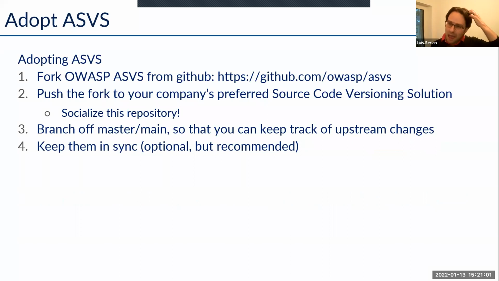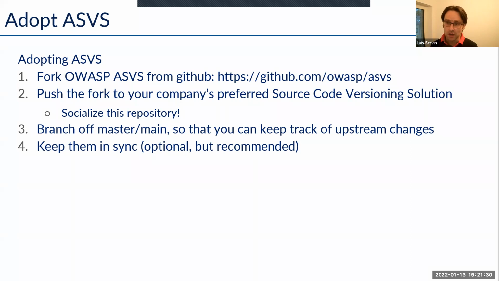So how would the process to adopt ASVS look? You start by cloning the repository. So you fork OWASP ASVS, and then you basically add a new remote and pivot into your own company's source code versioning solution: GitHub Enterprise, GitHub, GitLab, Bitbucket, whatever you're using.